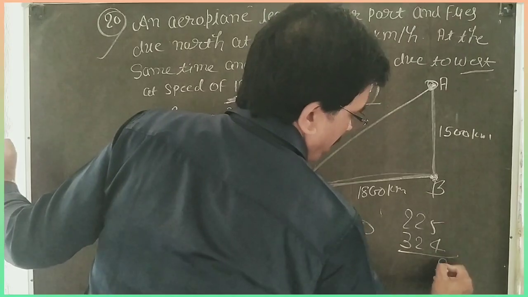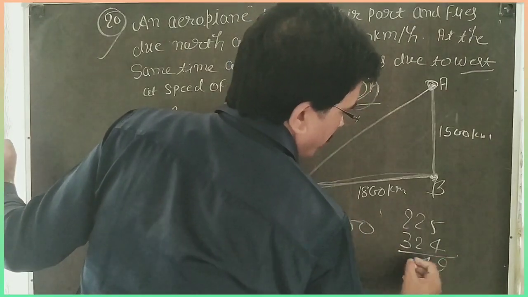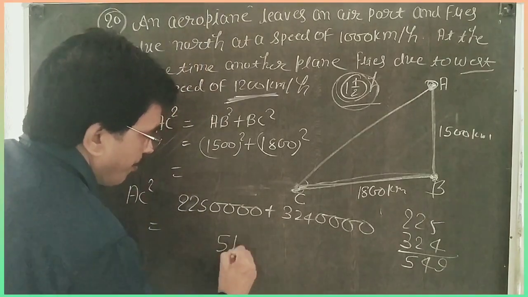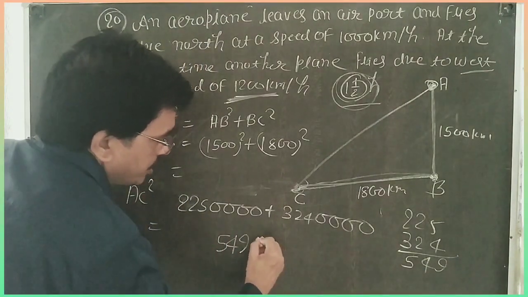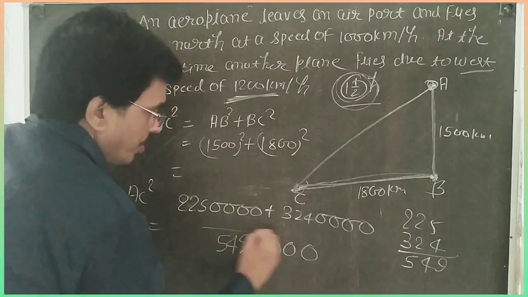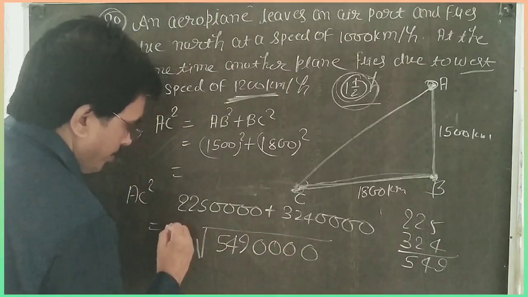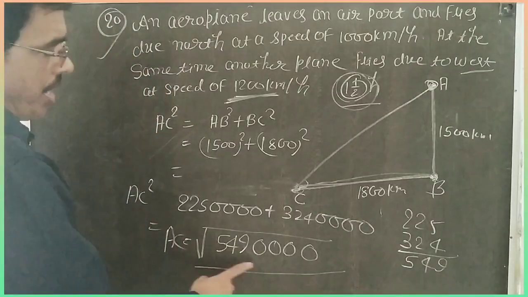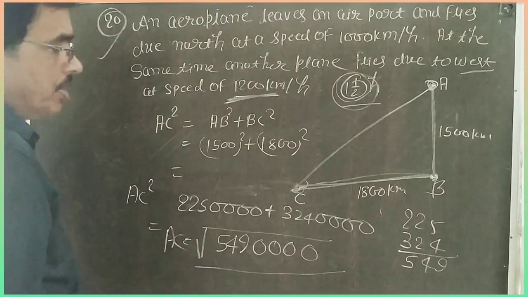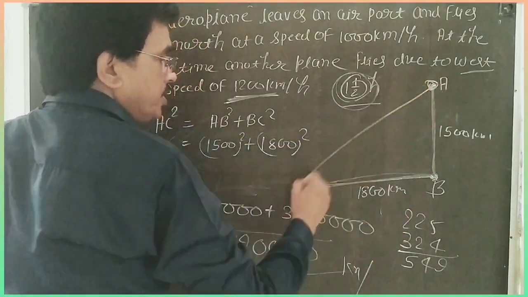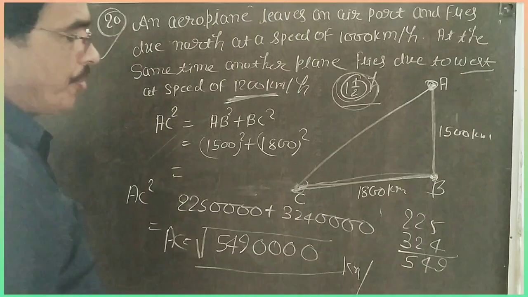You get 549, and then 0000. So take the square root, and you get AC. So the distance between them is 549,000 kilometers after 1.5 hours.